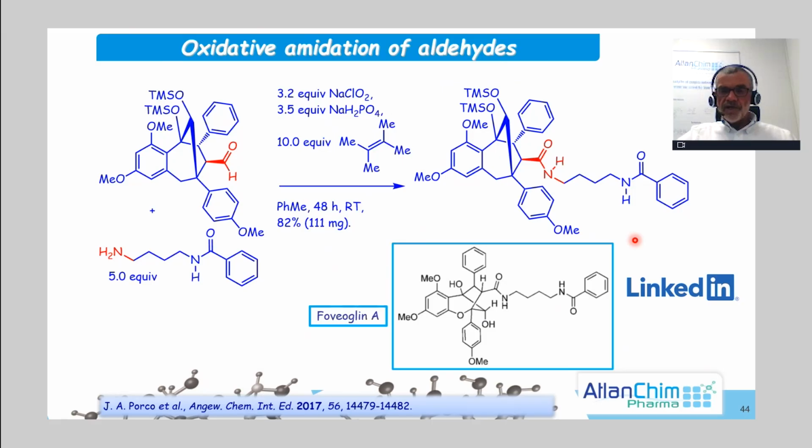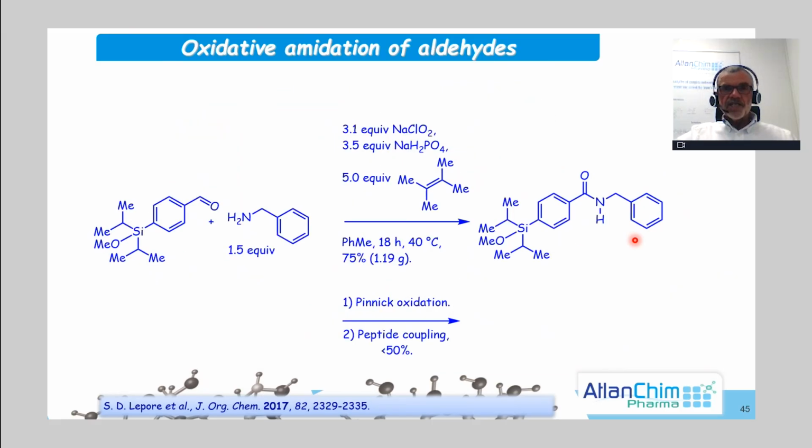To conclude this section, we have here on this slide an example of oxidative amidation under Pinnick conditions in toluene with an aromatic aldehyde, and the desired amide is obtained in good yield on a gram scale.